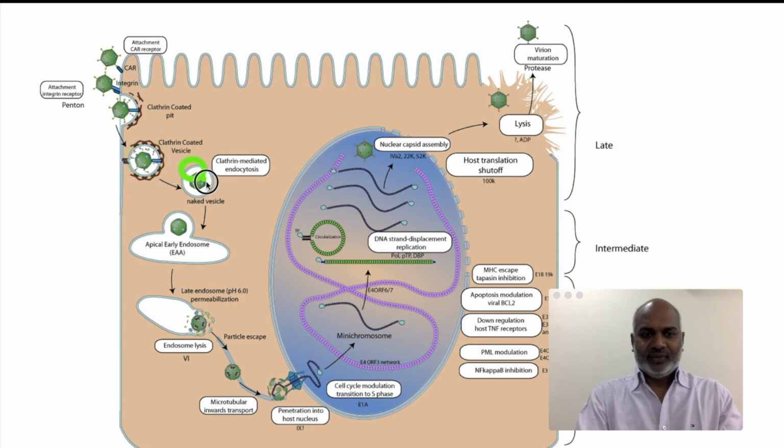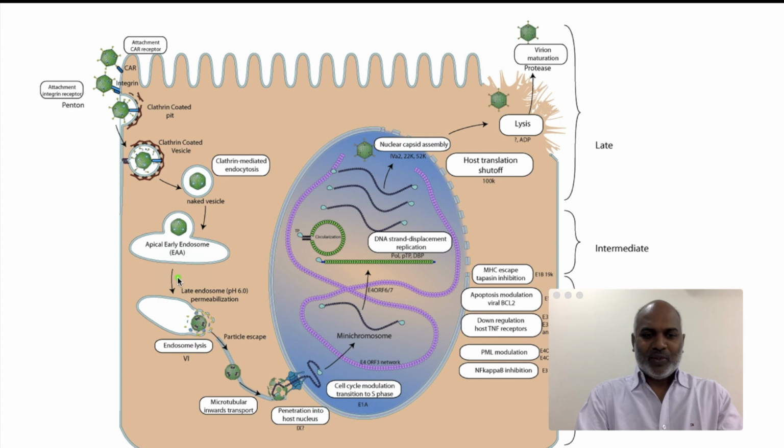Due to that, it forms an endosome through the process of clathrin mediated endocytosis. Then that endosome, or vesicle, gets transported nearer to the nucleus.